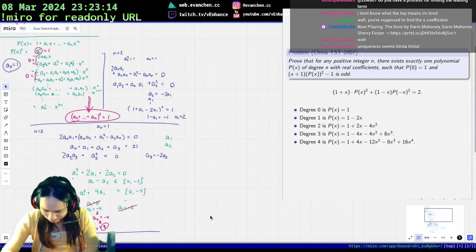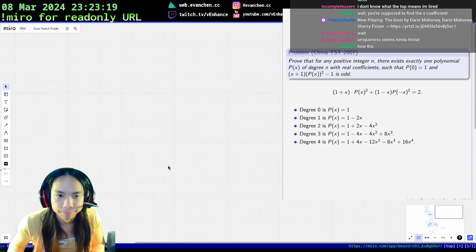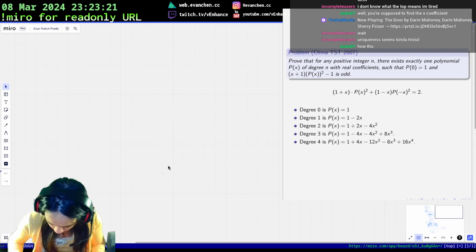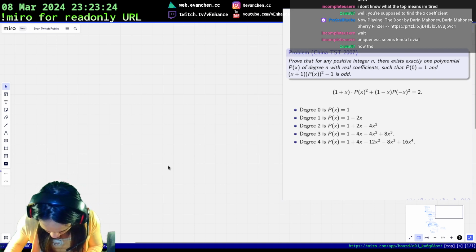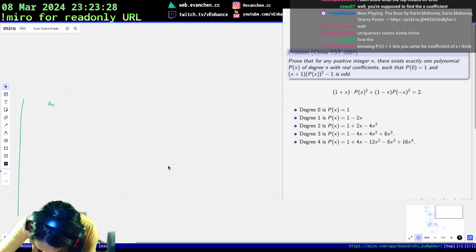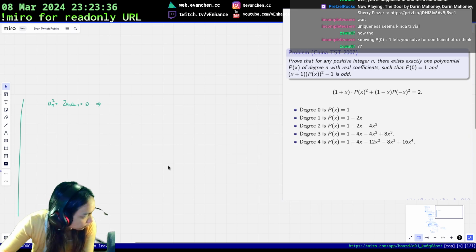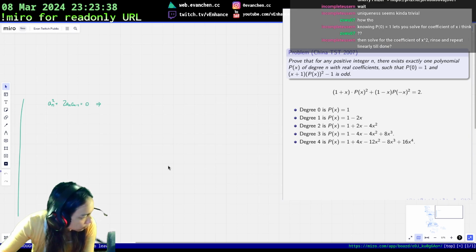All right, let me do the thing that was suggested though. That's about recurring down the... So the top equation says a_n squared plus 2 a_n a_{n-1} minus 1 equals 0, which implies... how does knowing p0 equals 1 let you solve for the x to the 1 coefficient?